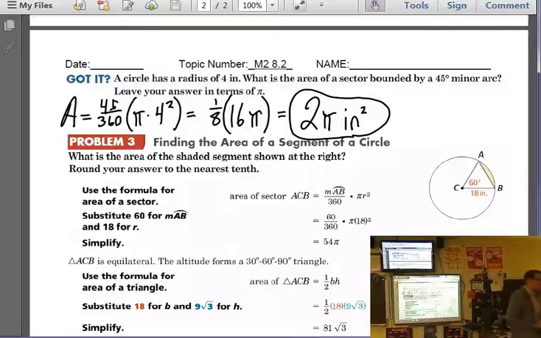Any questions on this one? We end up with 2 pi inches squared.